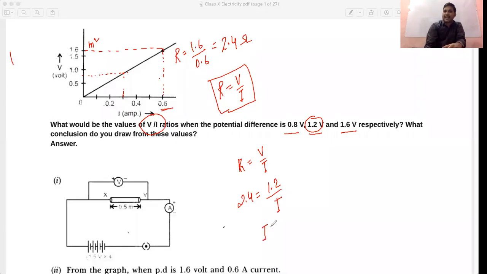So 1.2 by 2.4 will be 0.5 ampere. Is it clear?